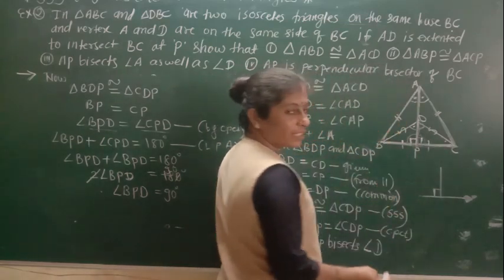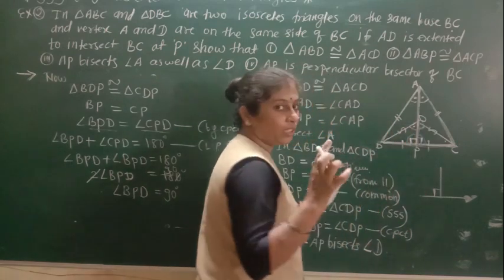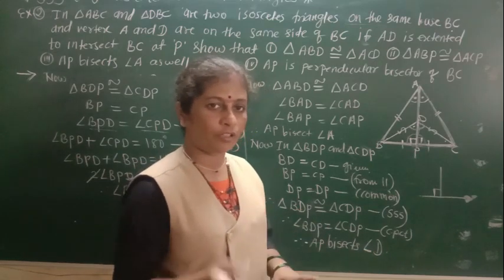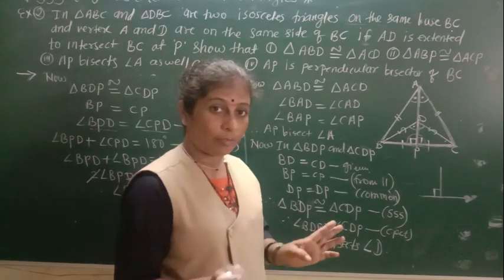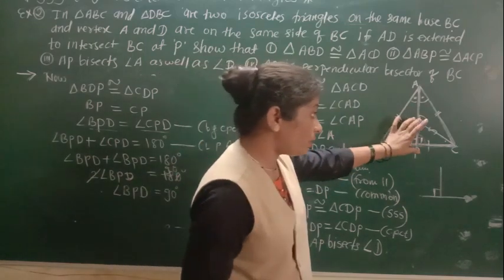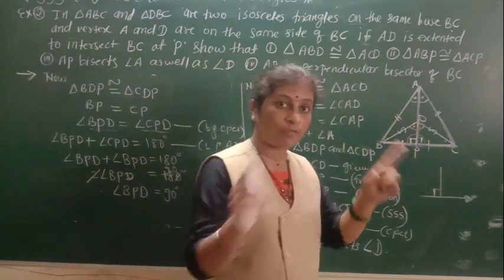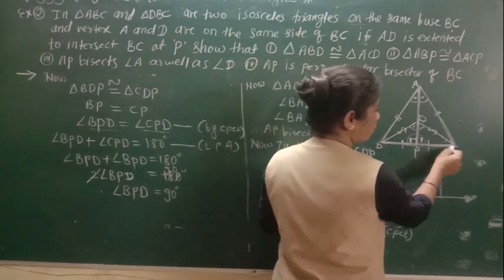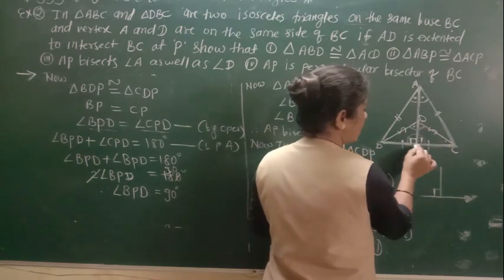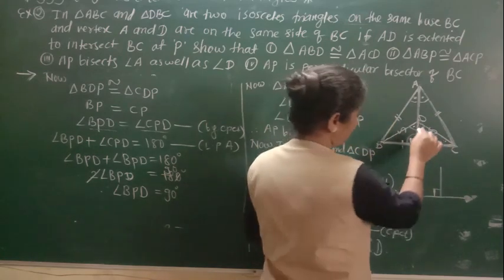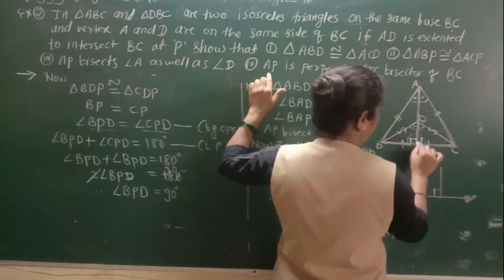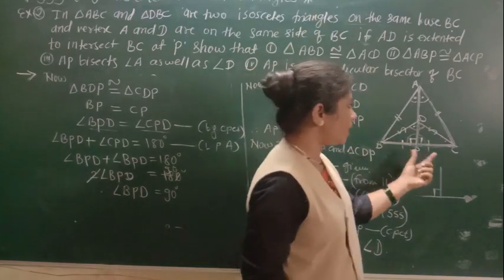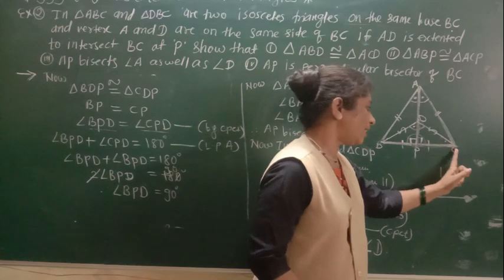Only perpendicular means a 90 degree angle is there, and perpendicular bisector means this perpendicular divides that side into two equal parts. We have already got BP equals CP, and angle BPD equals angle CPD equals 90 degrees. So DP is the perpendicular bisector of BC, which means AP is the perpendicular bisector of BC.